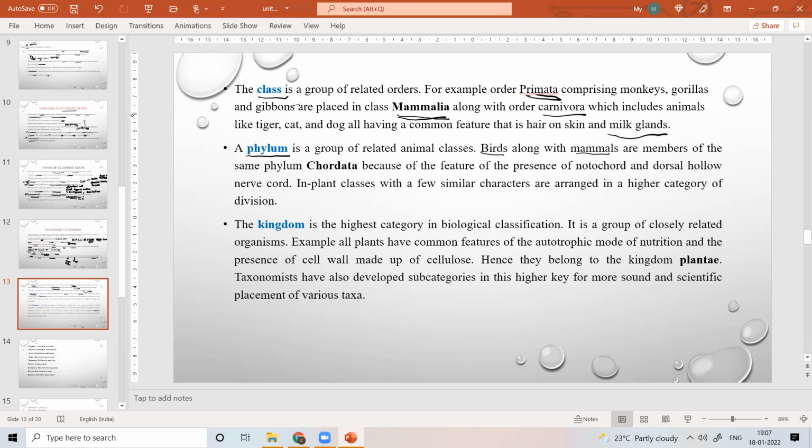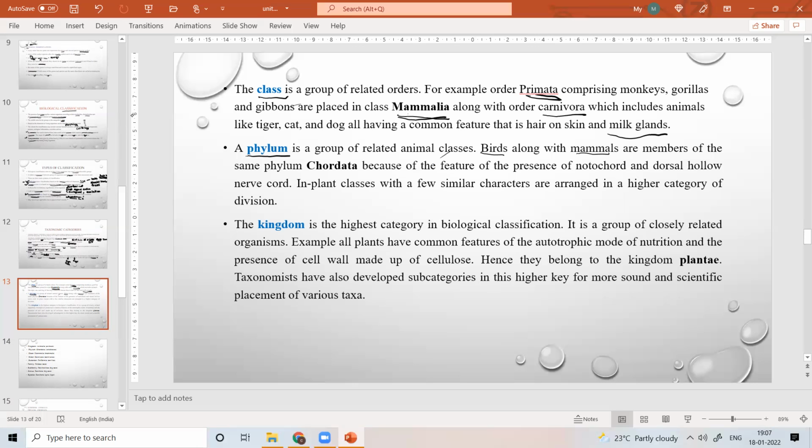These two, Felis and Panthera, are two genera included in Felidae. Felidae, Canidae, these kinds of families are included in the order called Carnivora. And similar to Carnivora, there are other orders like Primata. Carnivora and Primata together are put in the class called Mammalia.